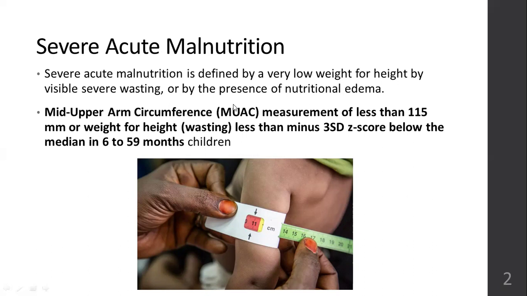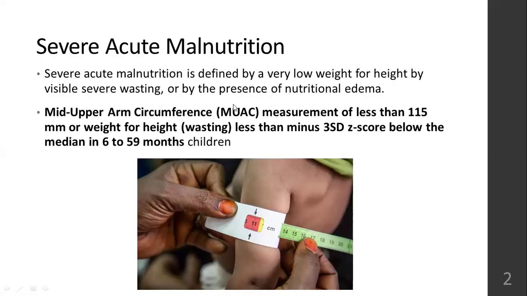So how do you check, like at home, or if you are traveling somewhere and you see a child who is visibly very small for its age? If you have a measuring tape, how do you check it? You take the mid upper arm circumference. First, you have to take the length from the tip of the shoulder to the elbow, divided by 2.